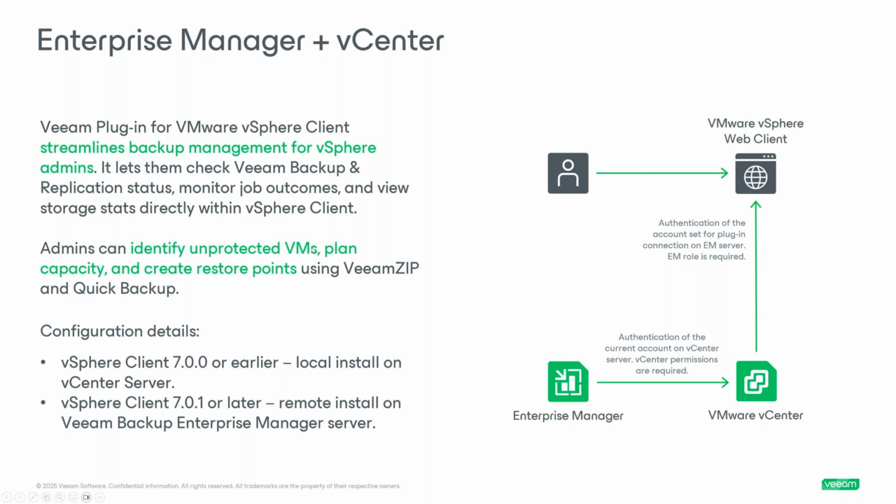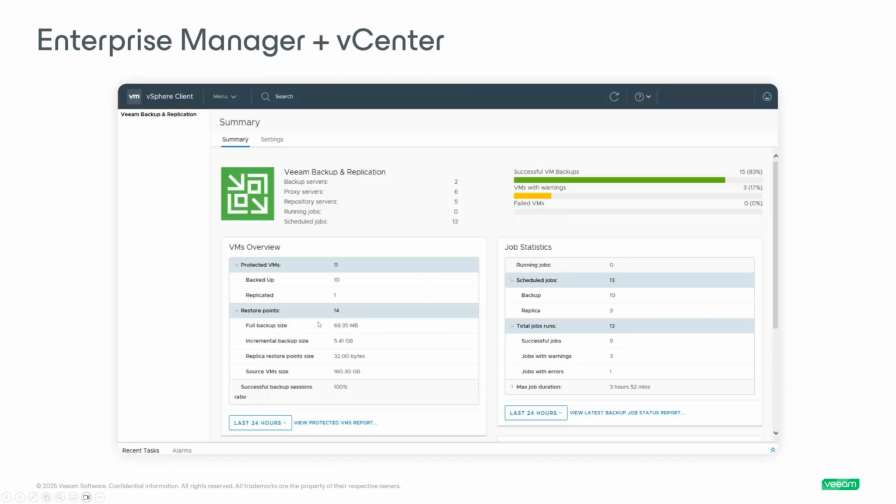It will allow you to see the number of machines that you're backing up, the number of restore points that are available, and the jobs that you are running. You also get information about not only the backup job but also the storage, how much data is being backed up, the incremental size, the replication size, and things like that.